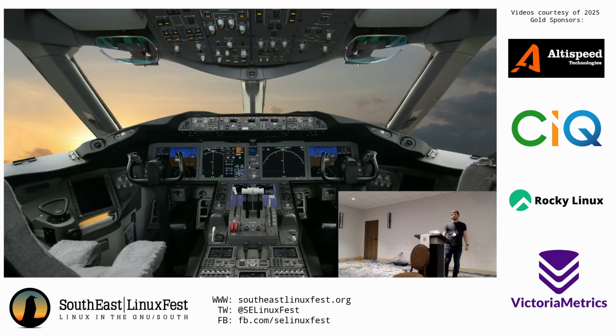If we take a step forward a couple decades, this is a more modern cockpit. That other one was from the 70s. This is a 787 Dreamliner, which was designed, I believe, in the late 90s or early 2000s. First, one thing I want to point out: there are still a lot of buttons here. There's a really good reason for that.